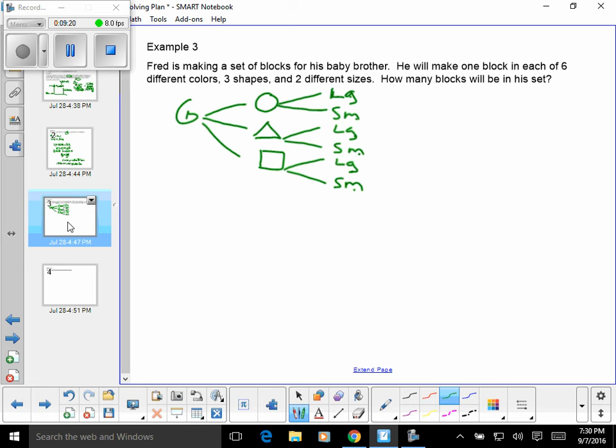That's for one color. He has 6 colors. So what we do in a combination problem is take the 6 colors times the 3 shapes times the 2 different sizes, and we find out that he is going to have 36 blocks for his baby brother.